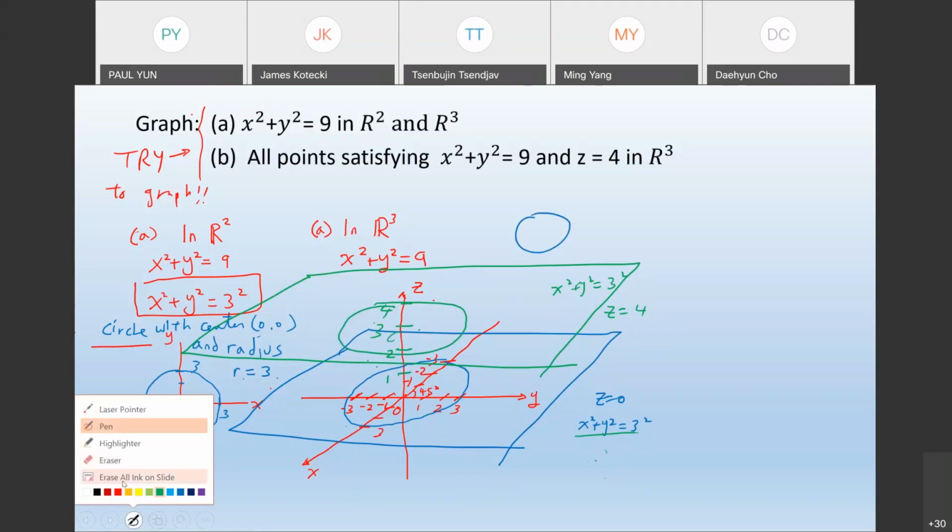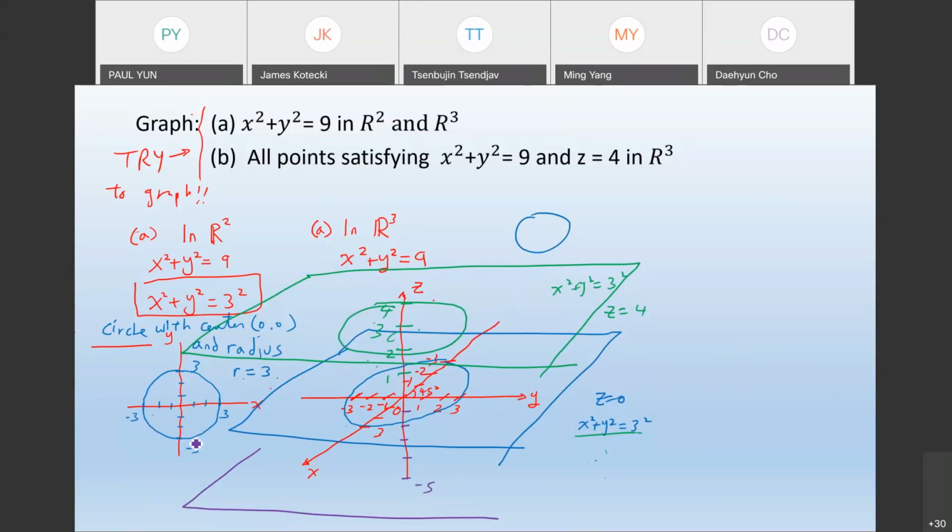So how about you go to the underground, z equal -1, -2, -3, -4, -5, something like this, -5. Below the ground level here.